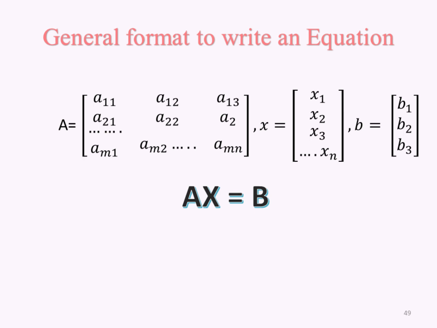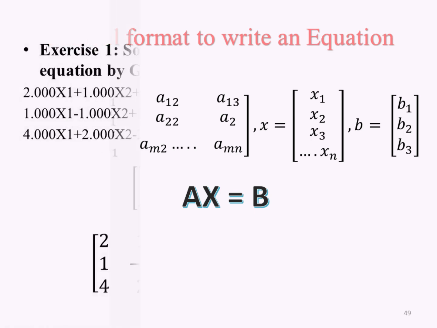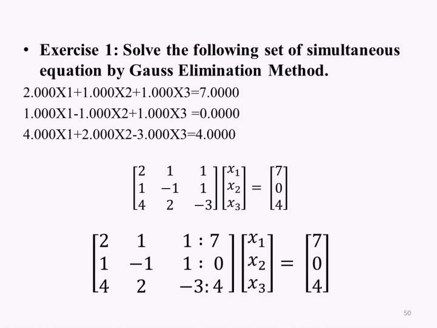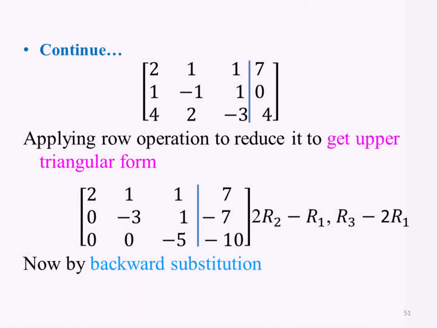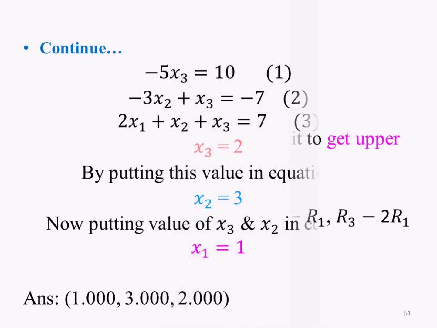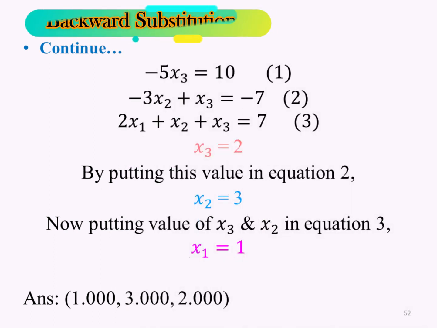So Ax is equal to B, the formula will be used, and then you will write them in a single matrix, and then you start to operate row operations and column operations, and ultimately you will get an upper triangular matrix. The lower triangular part should be 0 and the upper triangular part should be non-zero, and then you start the back substitution, starting from calculating the value of the last variable.